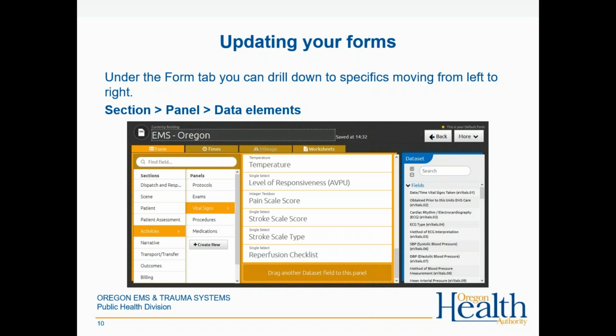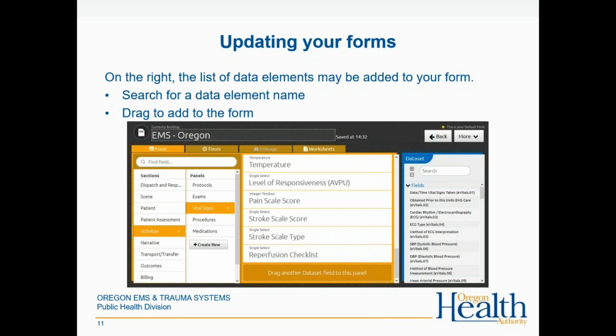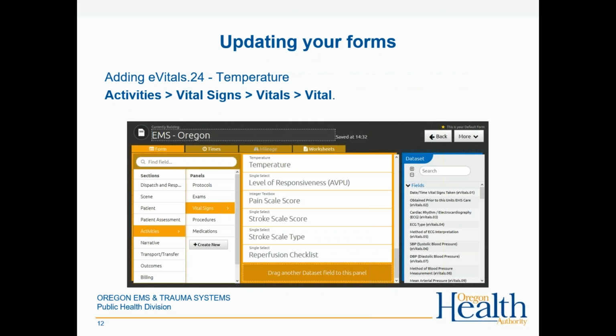You select a section, then a panel, and then the individual data elements will appear in that central panel. Notice this data set window can find data elements that you might want to add to your form. From that window, you can use the search bar to search for a data element, and then you can literally just drag it into the form, and it's that simple.